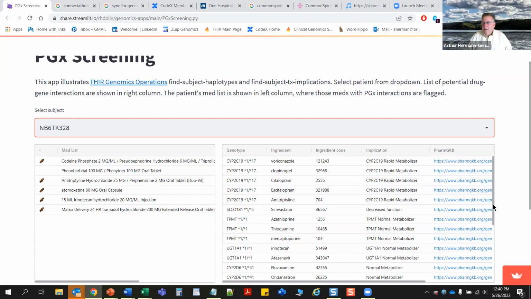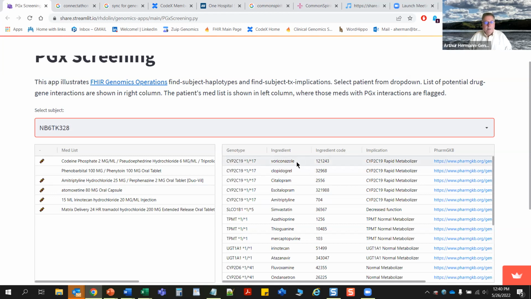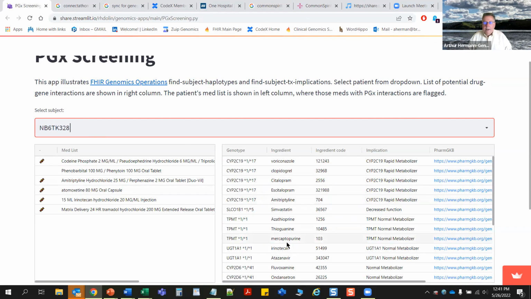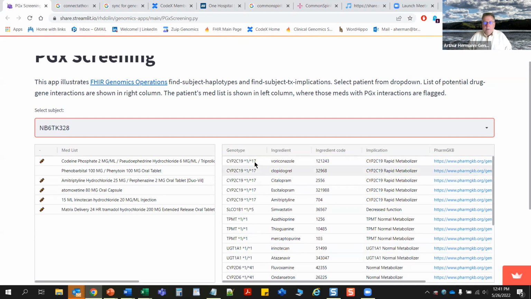It's also bringing back any information we have about the genetics of this person as related to medication. And then it's going out to PharmGKB and pulling in all the appropriate information about any of these genes that have been pulled up in relationship to this patient.